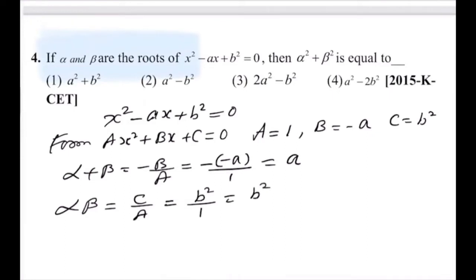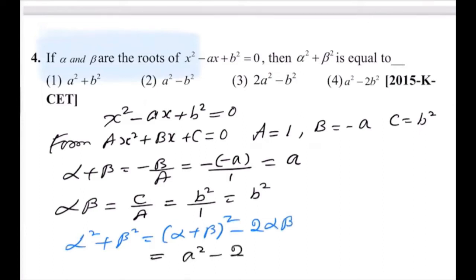You can write this alpha square plus beta square as alpha plus beta whole square minus 2 times alpha beta. Now substitute for the sum, that is a square minus 2 times product alpha beta is b square. So a square minus 2b square, that is the fourth option, is the answer.